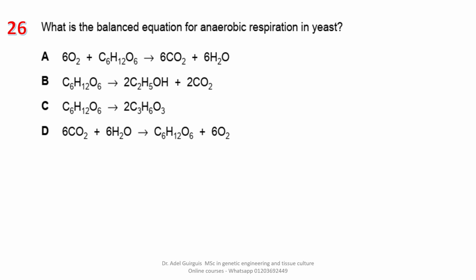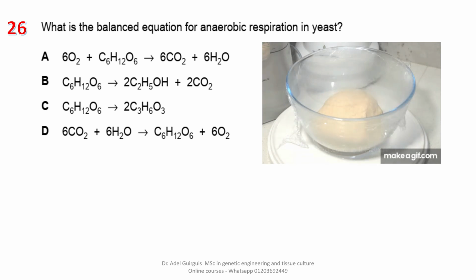For B, glucose is broken down or fermented into ethanol and carbon dioxide. This represents alcoholic fermentation in yeast, right? Like when we make dough in presence of yeast, what would happen? It increases in volume due to release of CO2 in the dough.